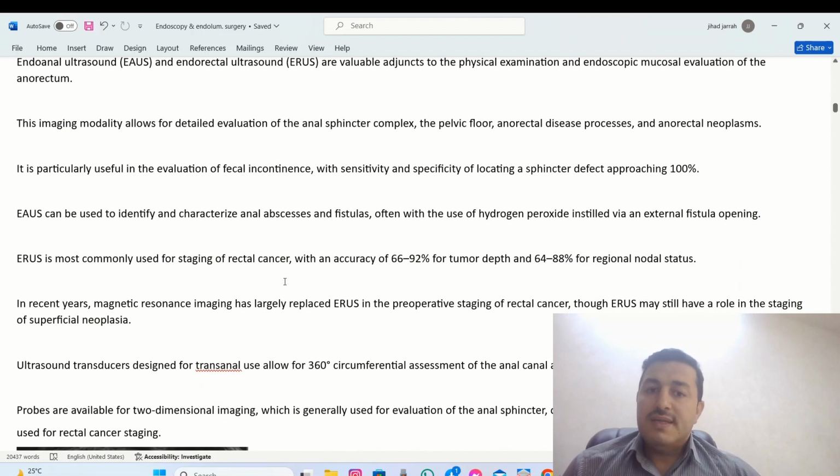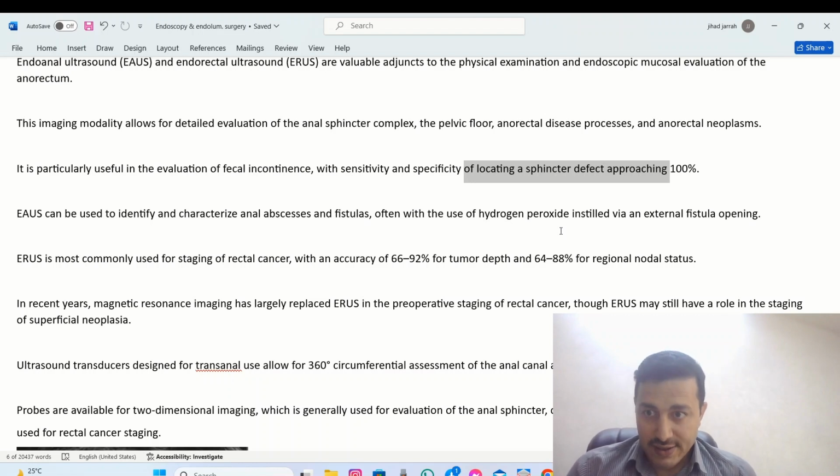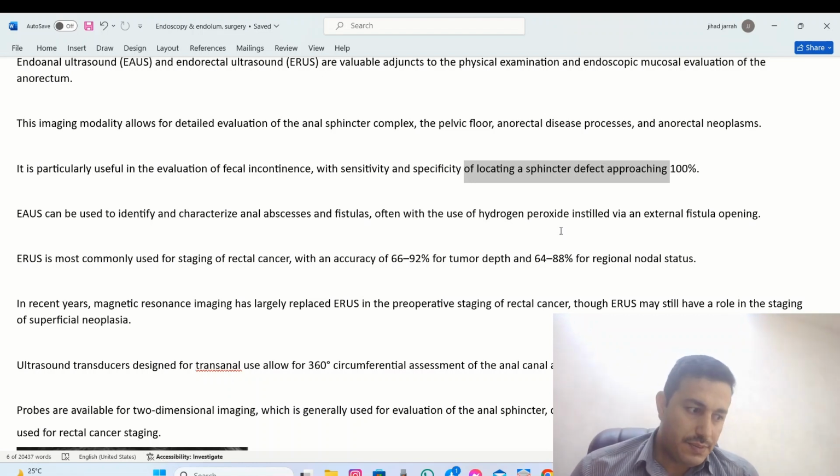It's extremely sensitive and specific in evaluation of fecal incontinence, in which we can locate the sphincter defect with a specificity and sensitivity reaching 100%.